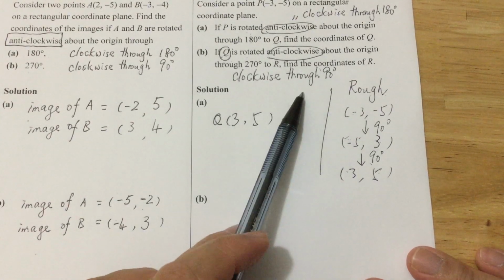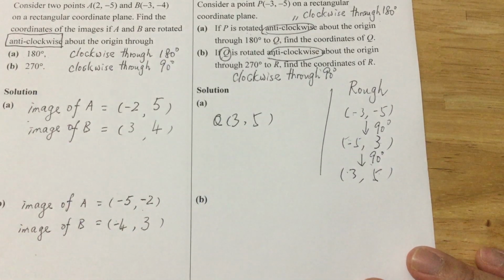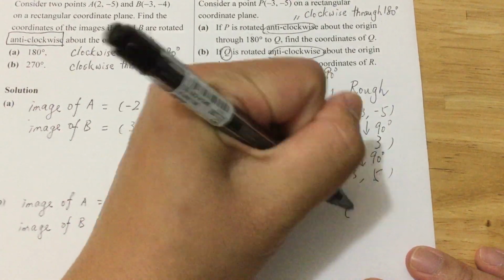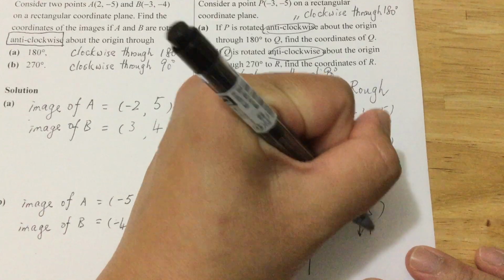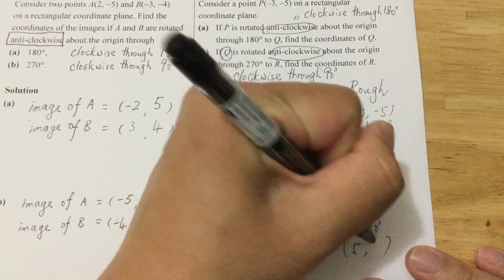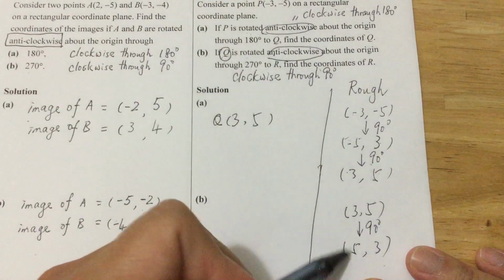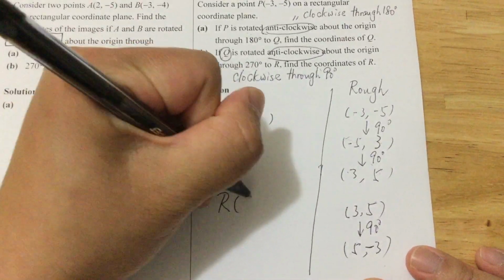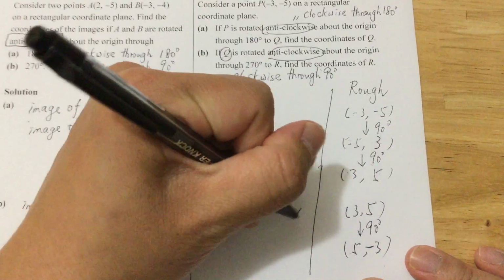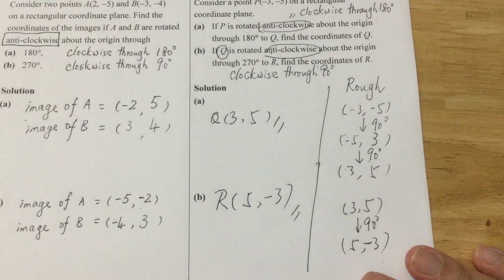So what we can do is change once again on the rough sheet. From 3, 5, we change 90 degrees, we interchange these two numbers, 5, 3, and then we add a negative sign here. So the answer for R is 5, negative 3. Okay, we can immediately write down the answer.